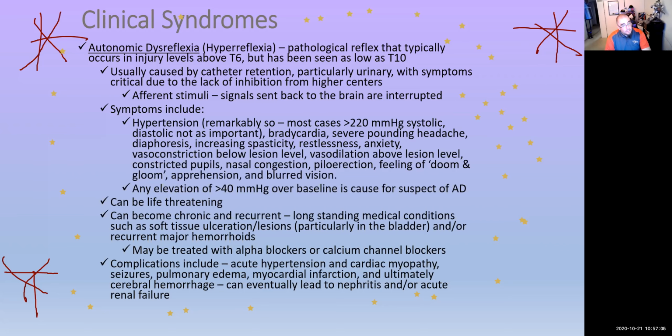Here's the thing, though, that we don't think about a lot. IVs are catheters. Especially the ones that go in the neck, which are usually, again, Swan-Ganz type catheters, because they have the same type of balloon. They are catheters as well.